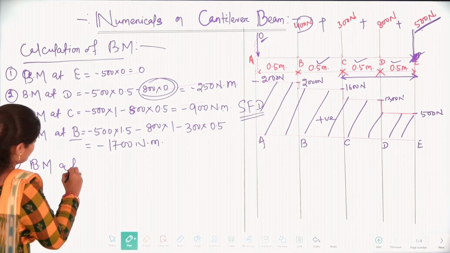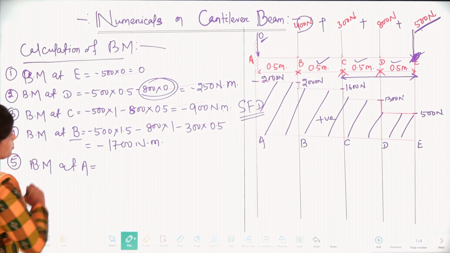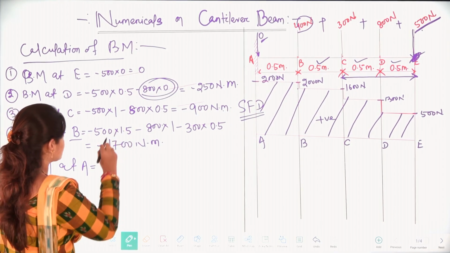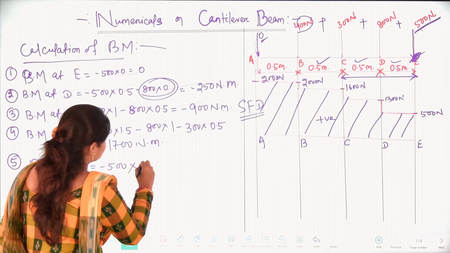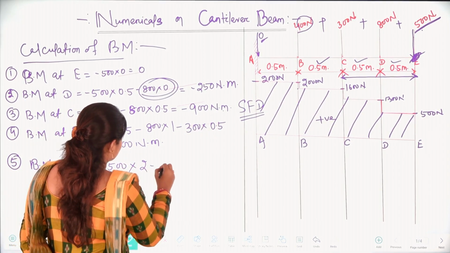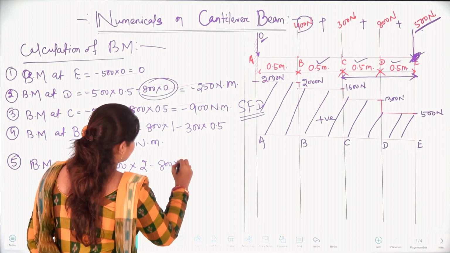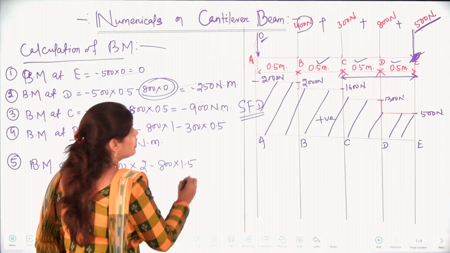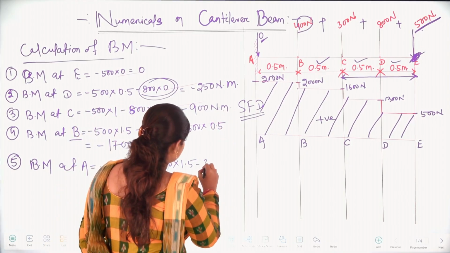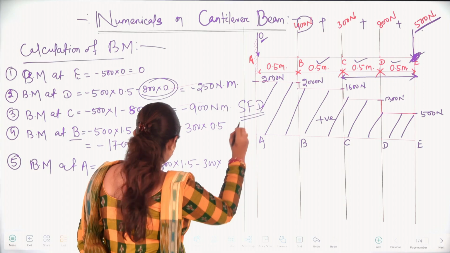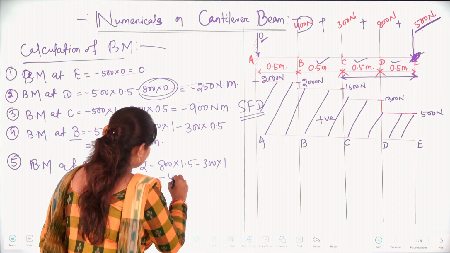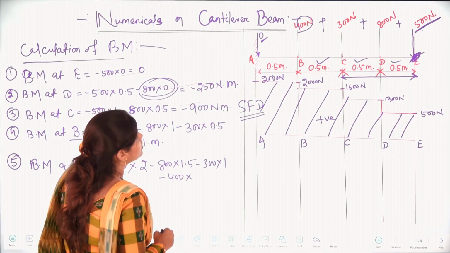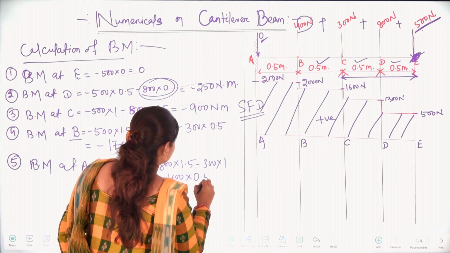Okay. So next what? Bending moment at A. Again the similar process, like minus 500 multiplied with 2, again minus 800 will be multiplied with 1.5, minus 300 multiplied with 1, minus 400 multiplied with 0.5.